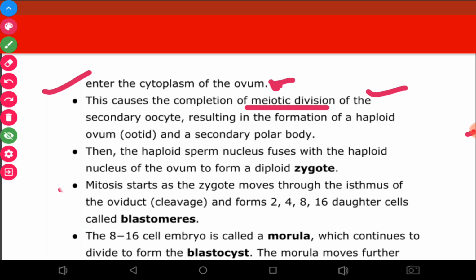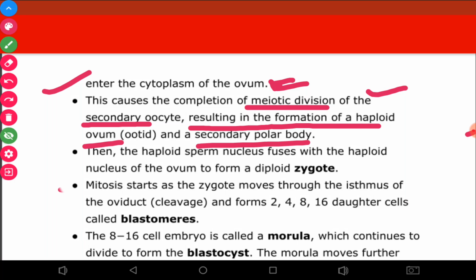Meiosis second takes place at the same time when the sperm penetrates the ovum. This particular secondary oocyte, that is not the ovum, that is the secondary oocyte in which the sperm penetrates, results in the formation of a haploid ovum. Now this ovum is formed and one polar body is formed.